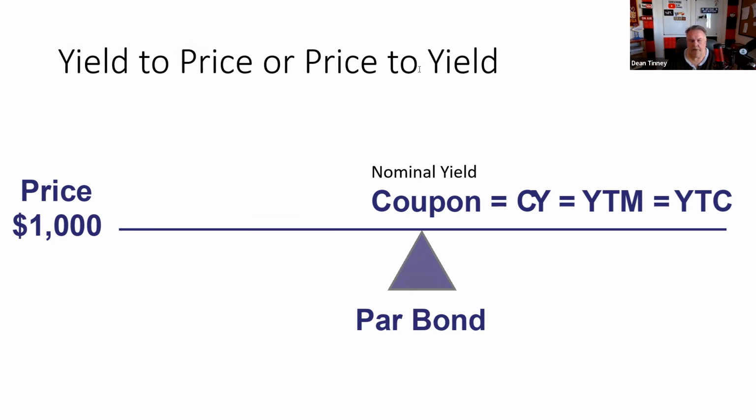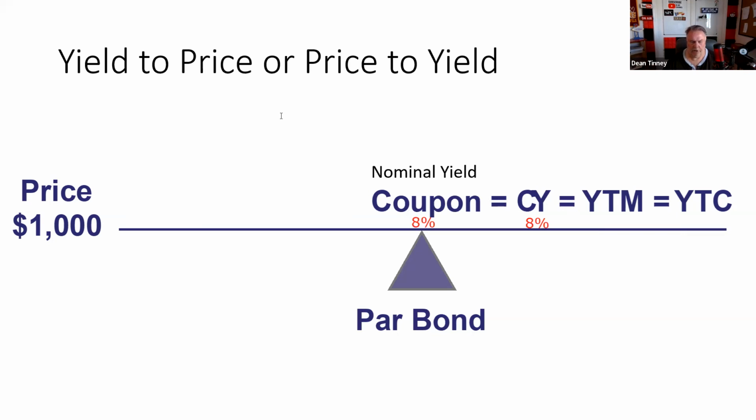We do have to be able to crunch a bond's current yield. And what I want to illustrate to you is that when you buy a bond at par, all of these yields are the same. Current yield is very testable. Current yield is what an investment pays you divided by what it costs you.